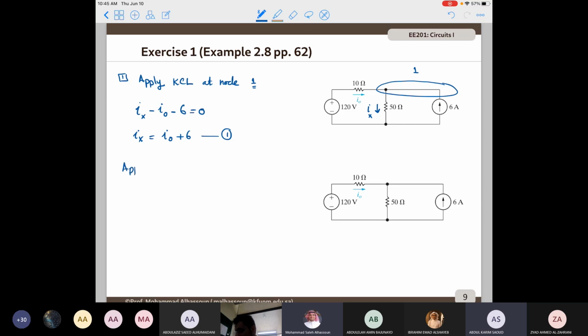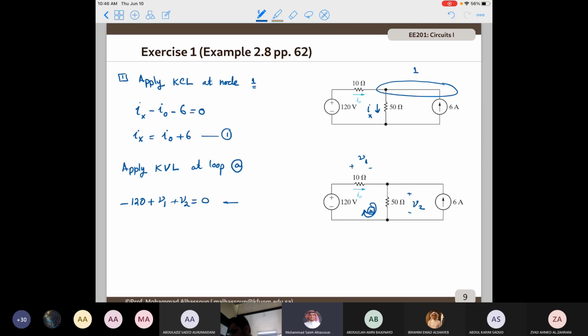So you need to apply KVL at this loop, at loop A. If I say that this one is V1 and this one is V2, then by applying KVL, I will end up with minus 120 plus V1 plus V2 equals 0.